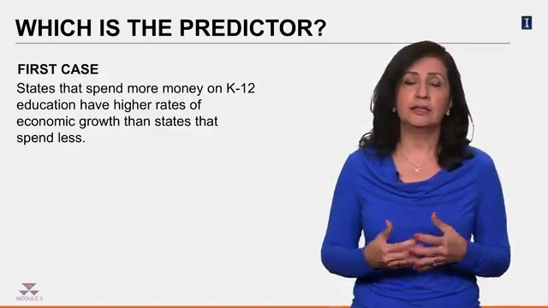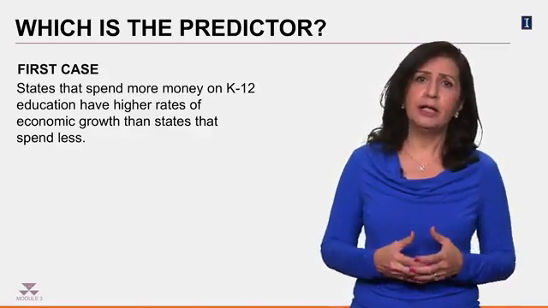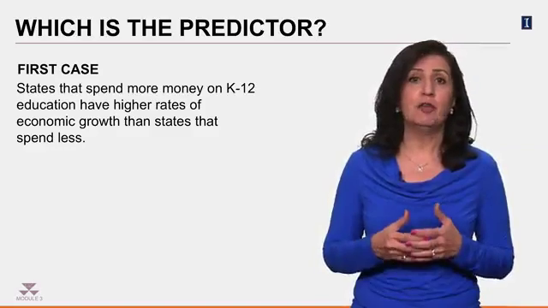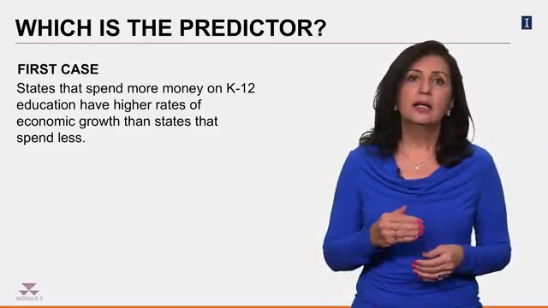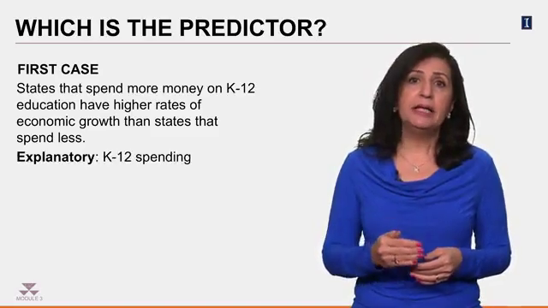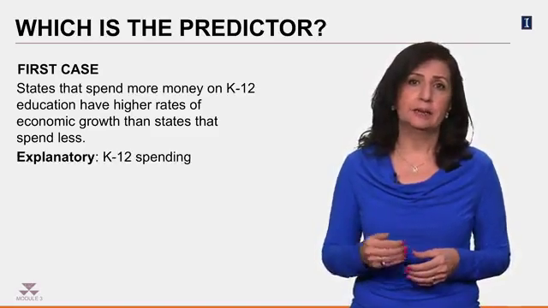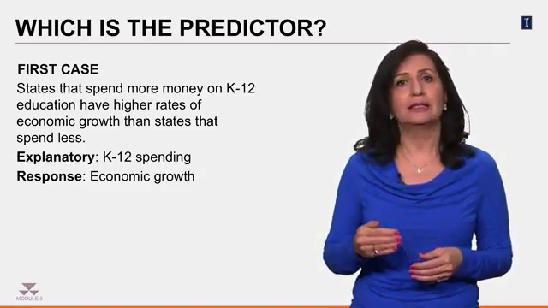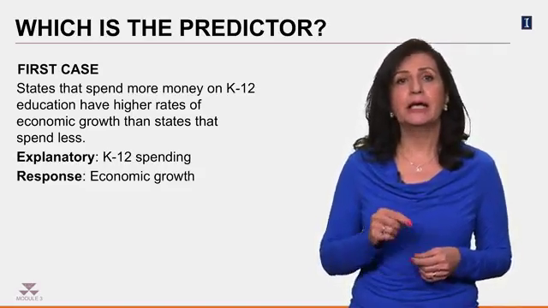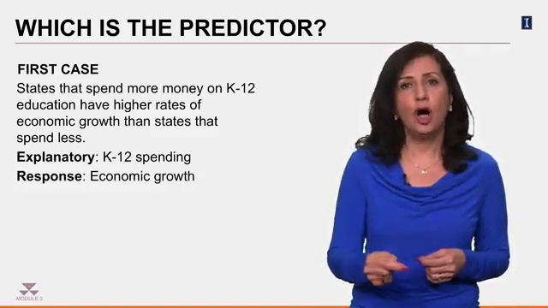If you get a report that says states that spend more money on K through 12 education have higher rates of economic growth than states that spend less, then the study is making K to 12 spending the explanatory variable and the state's rate of economic growth the response variable, meaning investing in K through 12 causes economic growth.